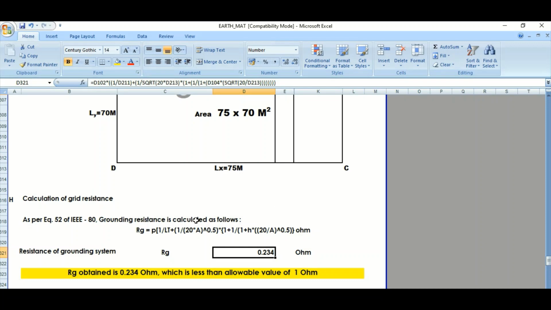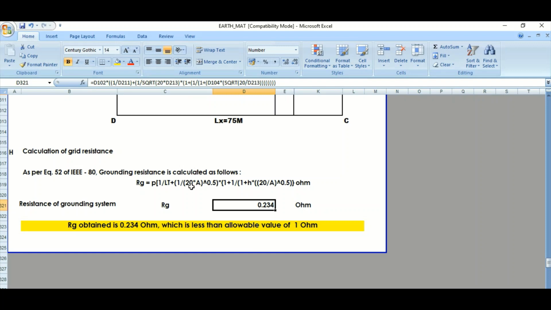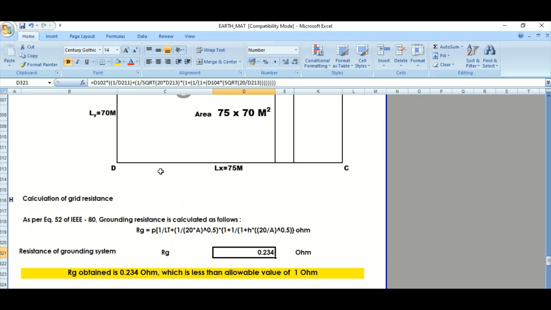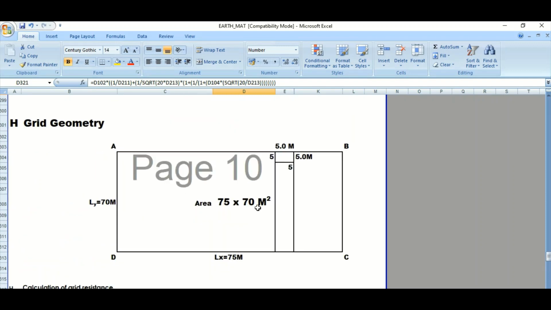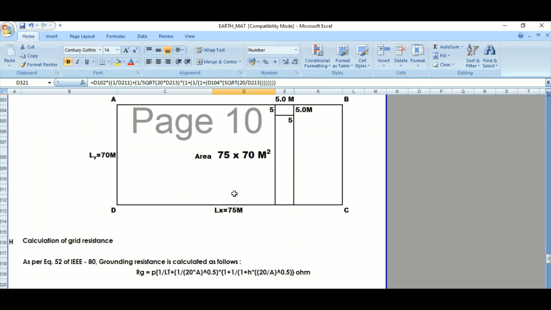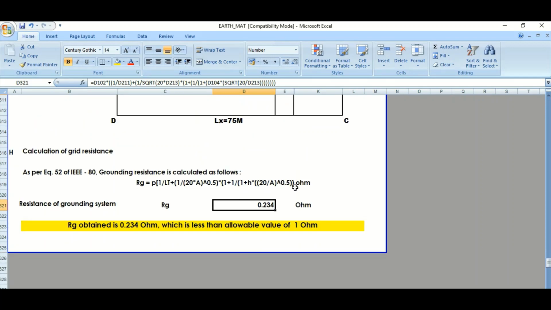So likewise, we can check by changing the number of horizontal or vertical conductors and the electrode configuration. We can change the number of electrodes and get different values of Rg.